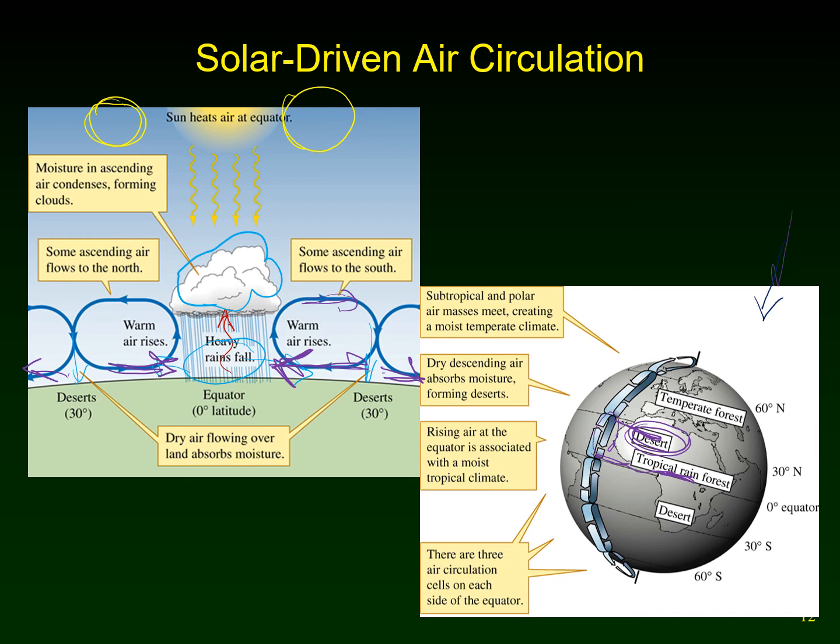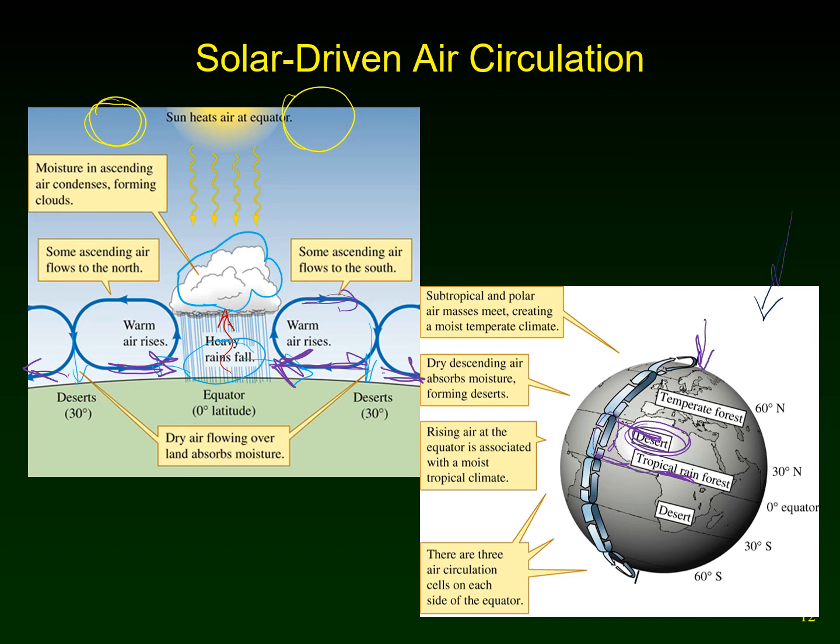Remember that another cell would be forming further north than that. That's this cell right here. And then there's a third cell that drops down dry air straight onto the North Pole. And so the North Pole is also a desert. We get the same thing happening in the southern hemisphere.